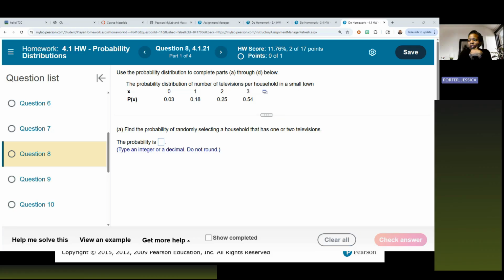What do you think I should do if I want to know the probability of randomly selecting a household that has one or two televisions?